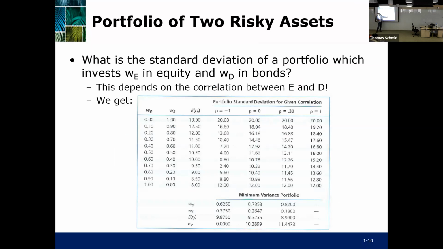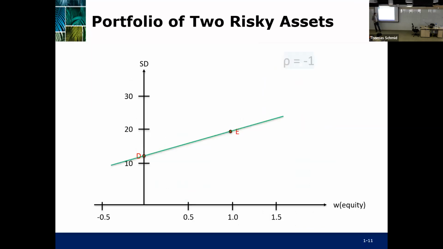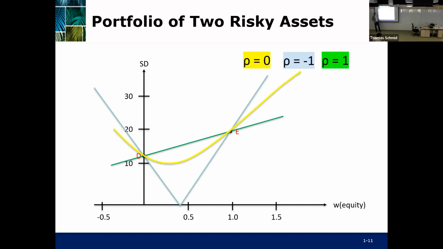And this exactly is the diversification benefit. Debt alone has 12%, equity is 20%. But if you form a portfolio, you can go down to 10.3, even for non-extreme correlations of 0. You can go down to 0 for -1, obviously. Okay? Clear? So that will be important later.